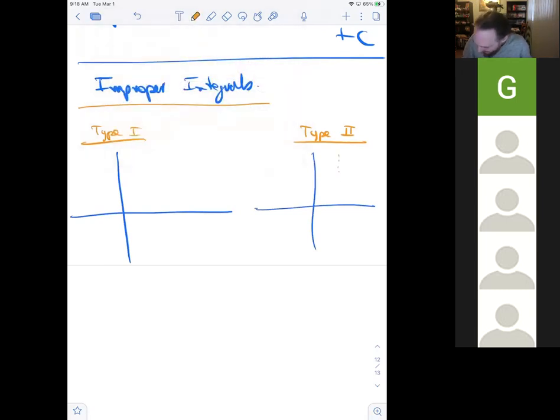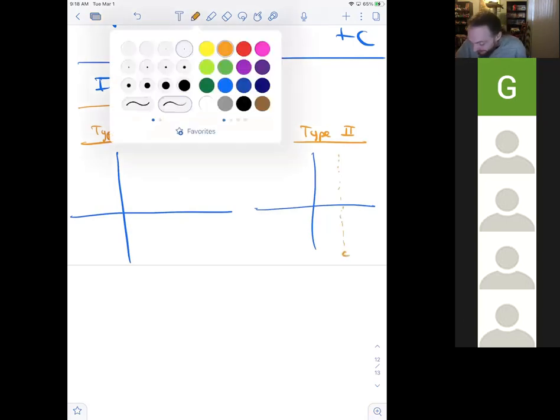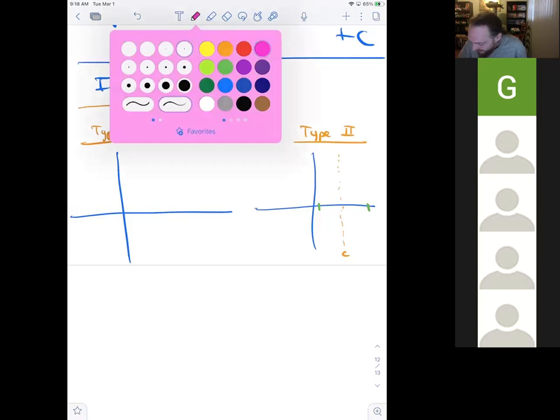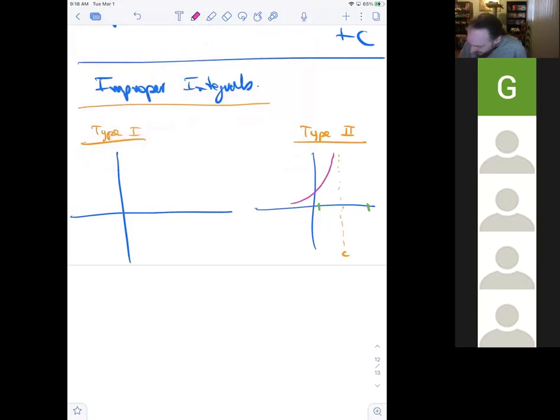Sometimes we might have a C value where, if I'm trying to integrate from A to B, I'm trying to find out whether the area from A to B is finite or infinite.